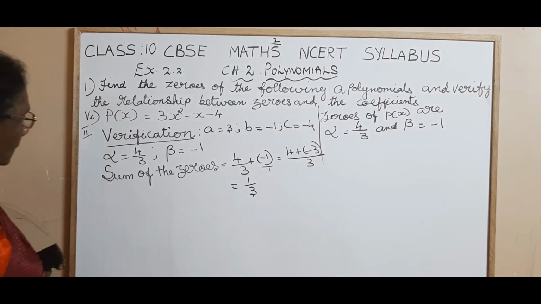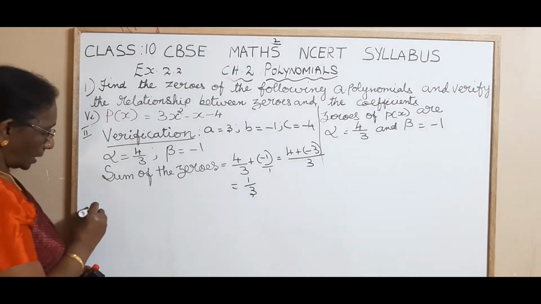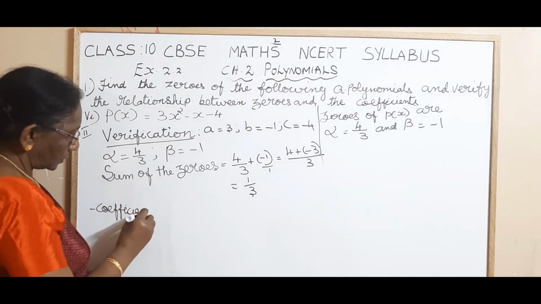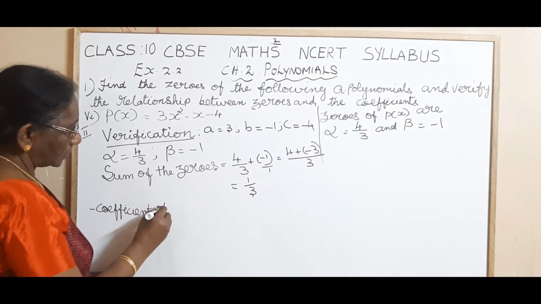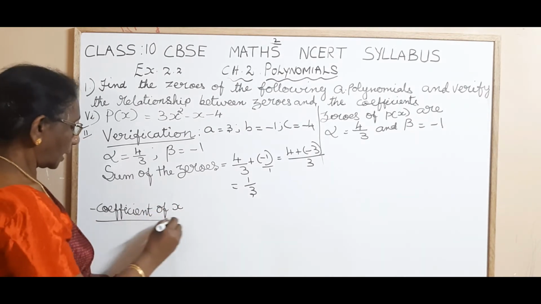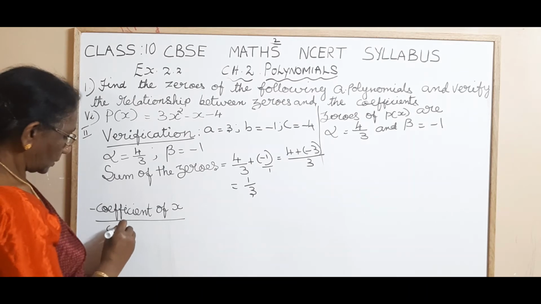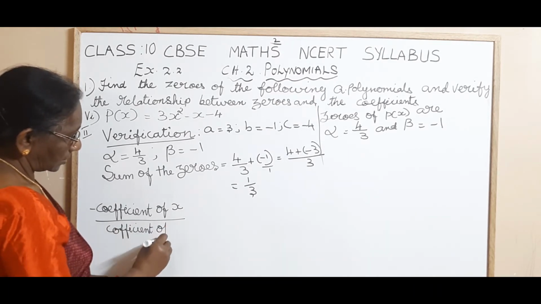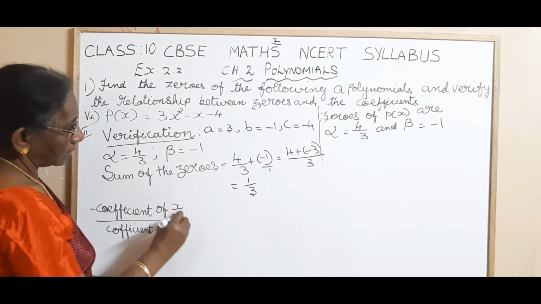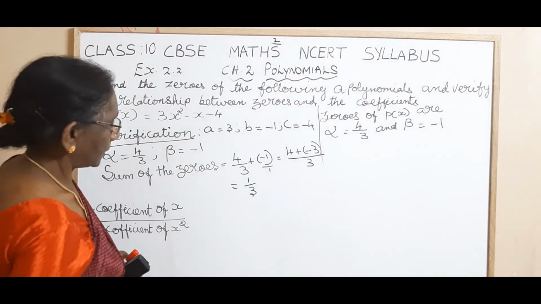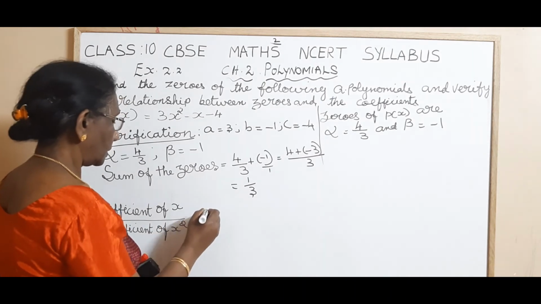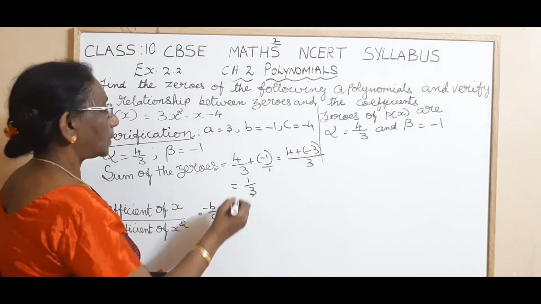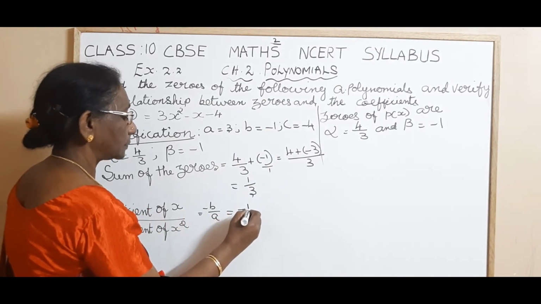Okay, now let us find minus coefficient of x by coefficient of x squared, which is equal to minus b by a, that is equal to minus b, b is minus 1.